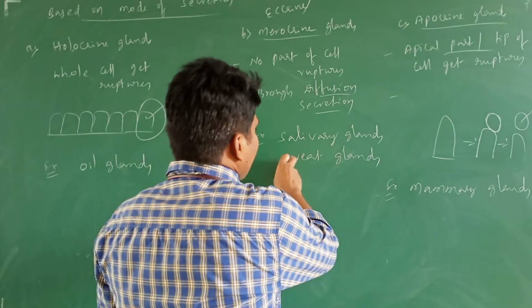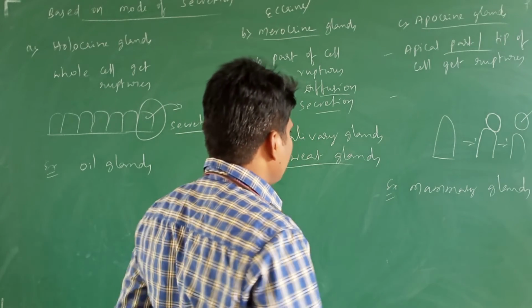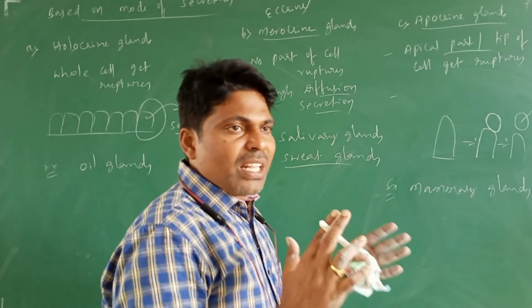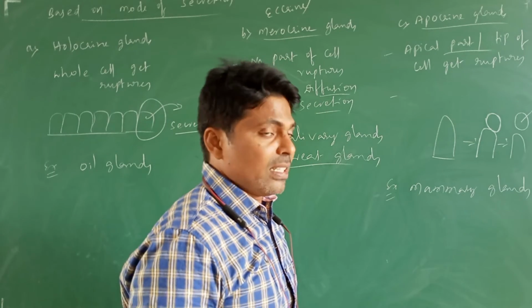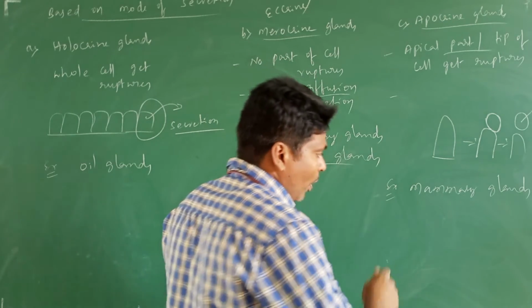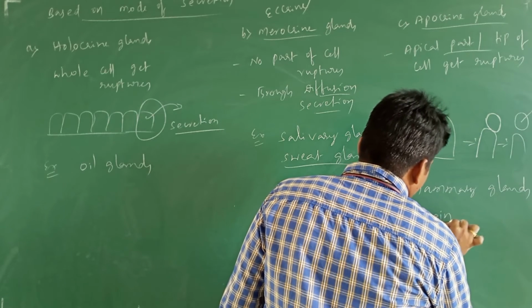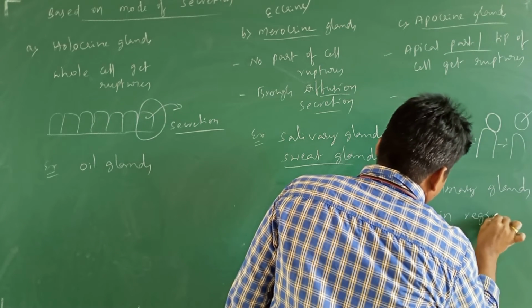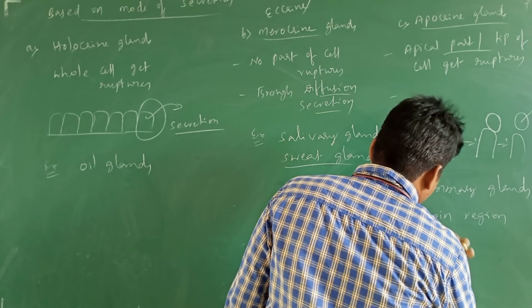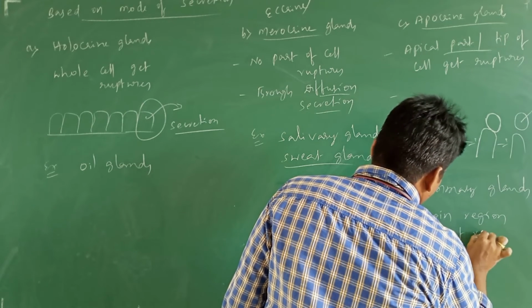Generally, salivary glands and sweat glands are merocrine glands. But in a special part of the body, the groin region and the armpit region, it is different. What is the groin region?